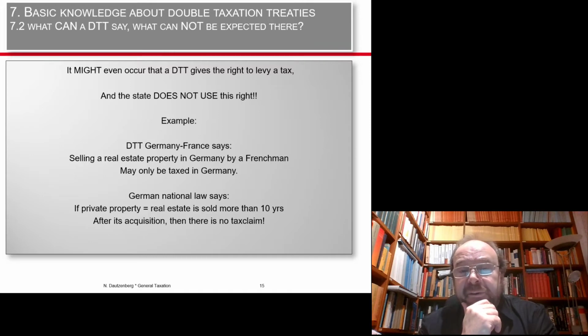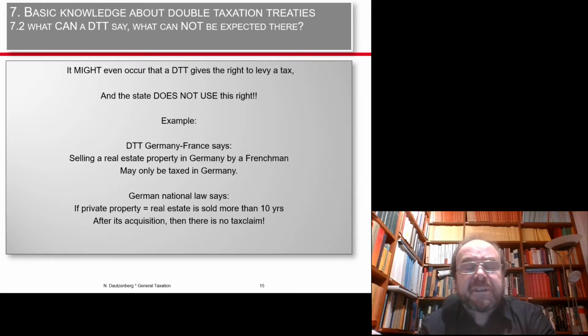It may even occur that a double taxation treaty says a certain state can levy a tax, but then the national law of that state says, no, we don't. We are not motivated. We don't want to. You know that perhaps already. You know private property under German law is, as a basic rule, tax-free when it is sold. That principle has been hollowed out strongly, so it has been covered by many exceptions.